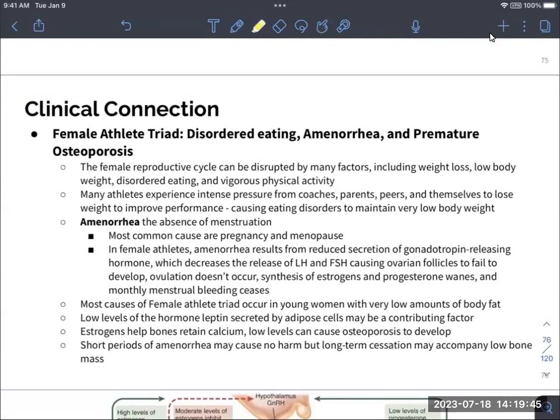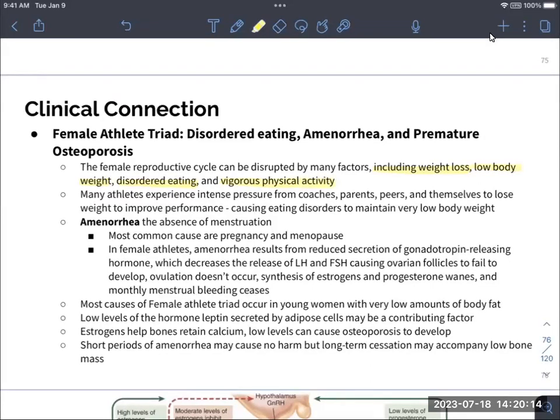The female triad: disordered eating, amenorrhea, and premature osteoporosis. Females in their reproductive cycle can actually disrupt this whole cycle for many different reasons. Losing a lot of weight, low body weight to begin with, disordered eating, or vigorous physical activity.